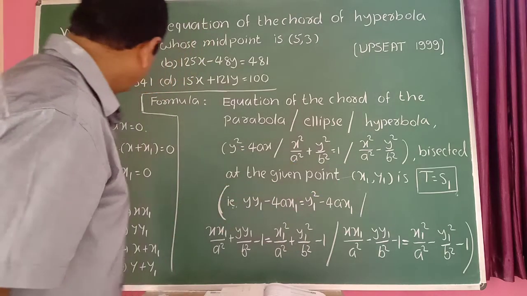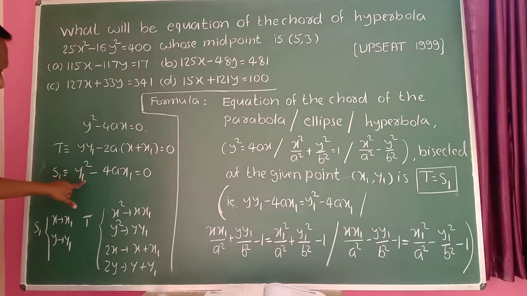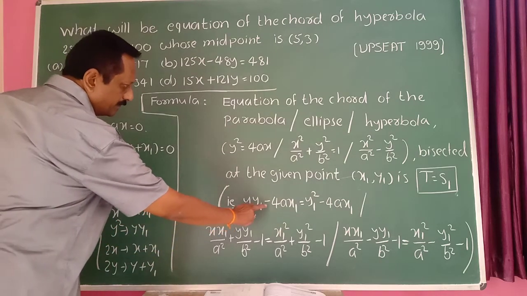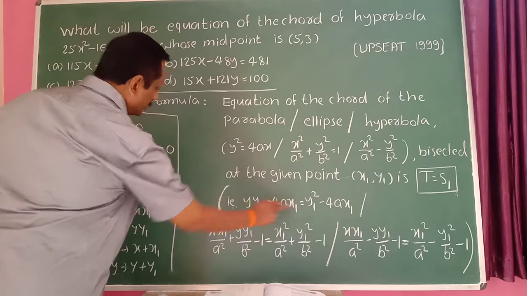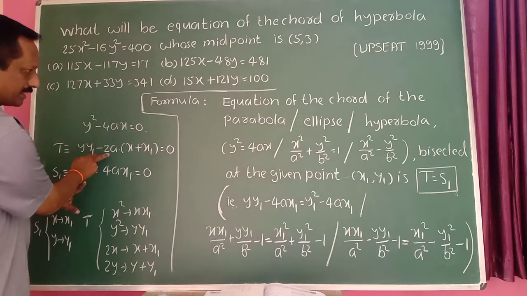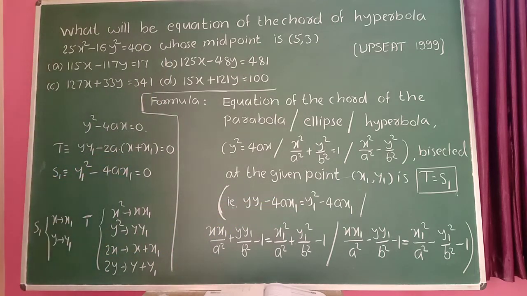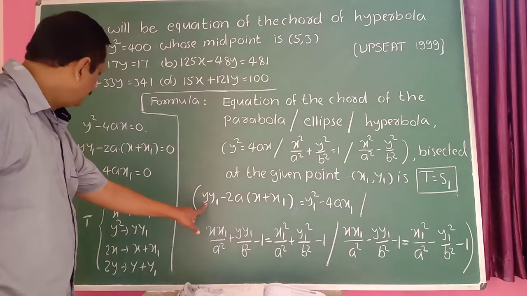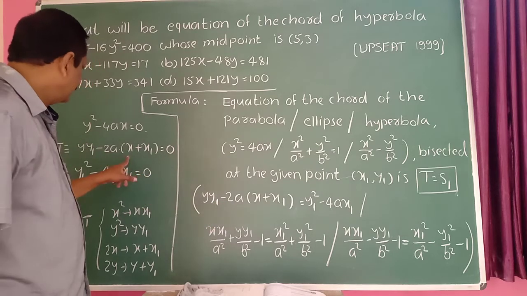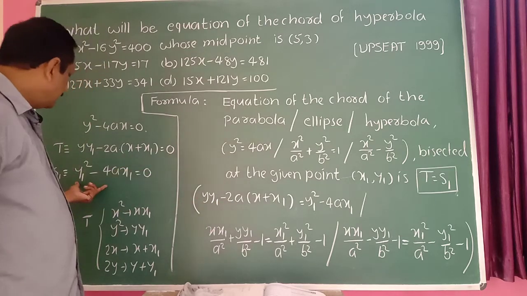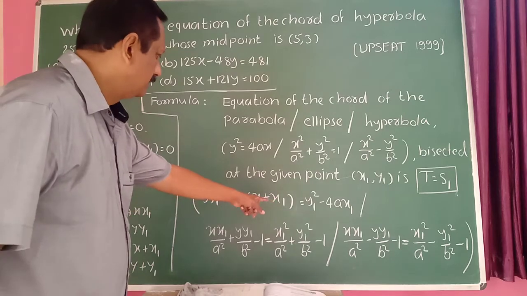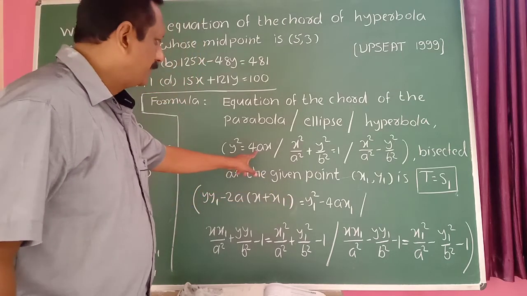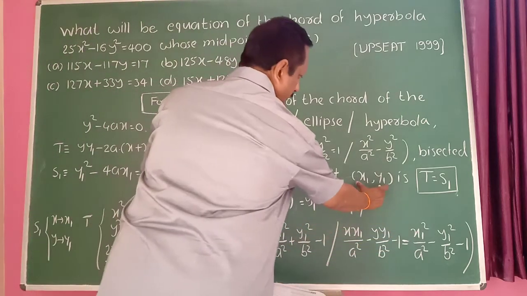Therefore T = S1 means equate: yy1 − 2a(x + x1) = y1² − 4ax1. This is the equation of the chord to the parabola bisected at (x1, y1).